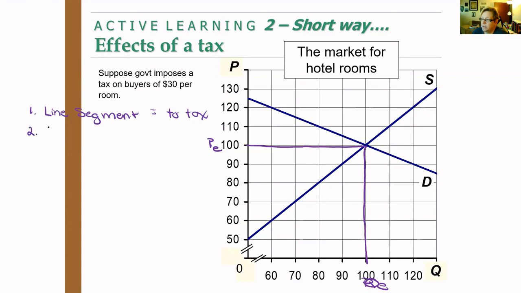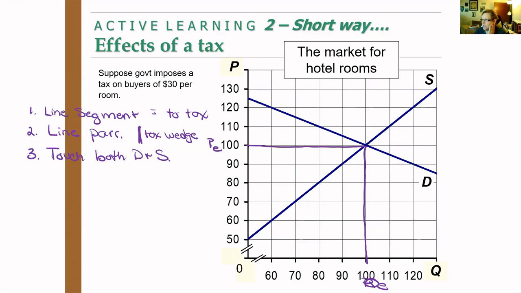The line segment has to stay parallel, so kind of like this, we're doing a tax, I call it later on the tax wedge. And it has to touch both demand and supply.